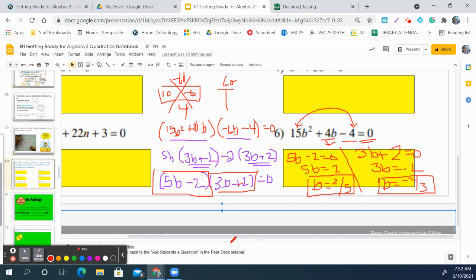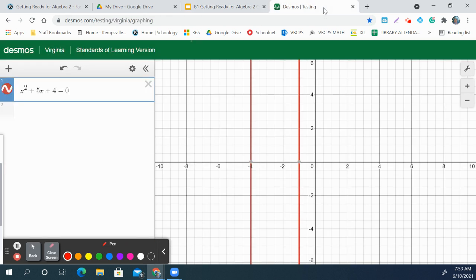Remember, solutions, zeros, and x-intercepts all refer to the exact same thing. Zeros, roots, and x-intercepts, all of the exact same thing. You can factor this using the X method, the X puzzles, or you can just put it into Desmos and then go look for the intercepts, right?